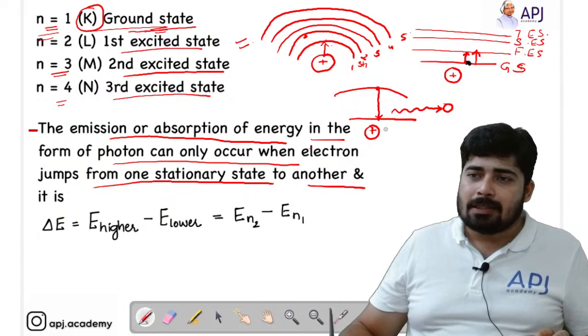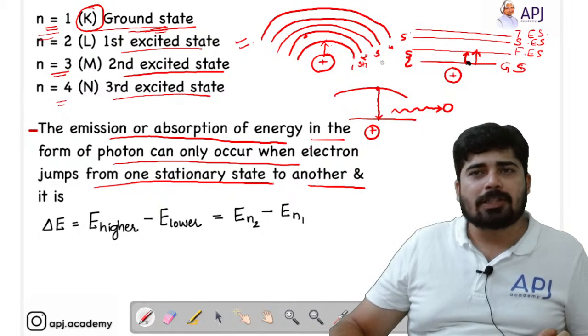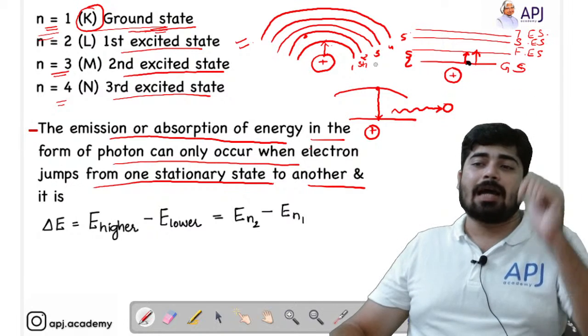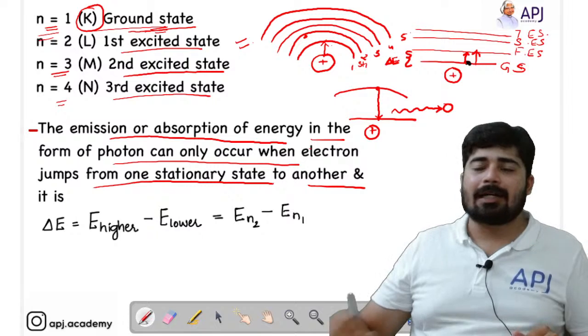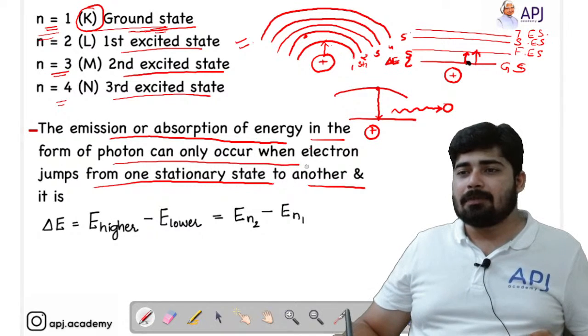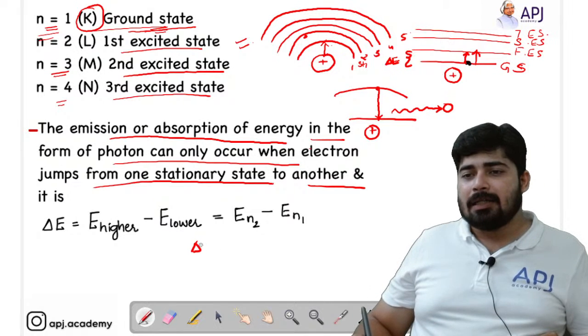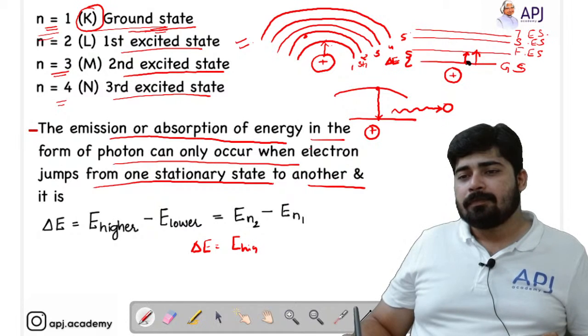We know that there is an energy difference between the first shell and the second shell. Obviously, the first shell will have lower energy, the second shell will have higher energy, and we can represent that energy gap as delta E. That is the difference in energy between the first shell and the second shell. So delta E is equal to the energy of the higher shell minus the energy of the lower shell.